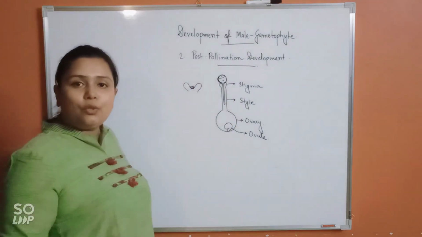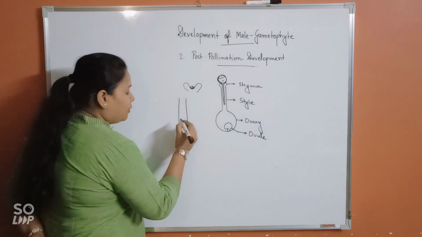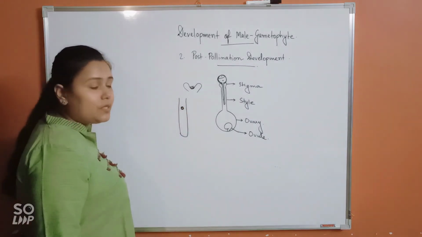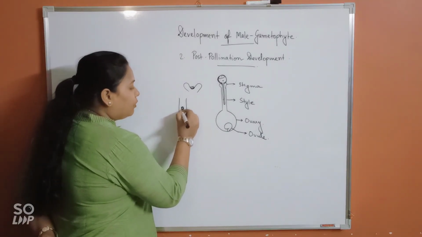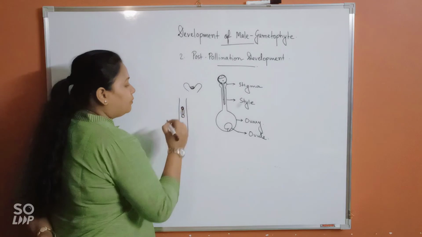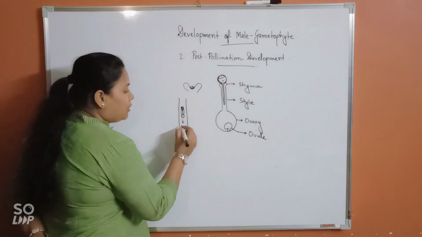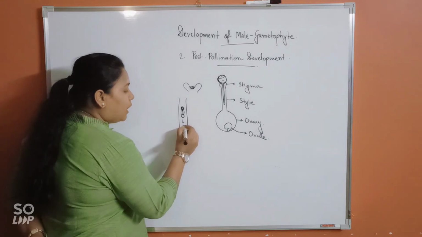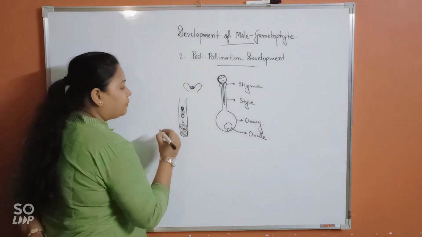Now, while the vegetative cell content is moving through the pollen tube, the generative cell content will also run into the pollen tube. Suppose this is the vegetative cell nucleus and this is the generative cell nucleus. The generative cell will undergo one round of mitosis, and it will give rise to two prominent nuclei which will get surrounded by thin peripheral cytoplasm.